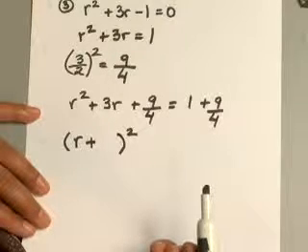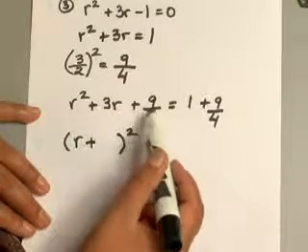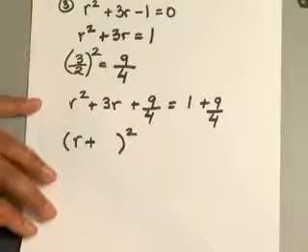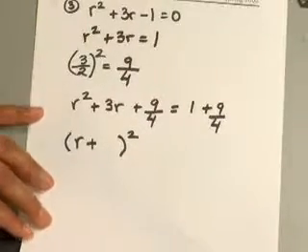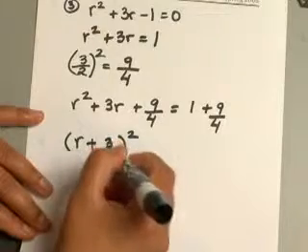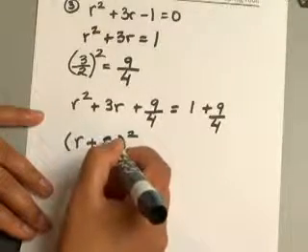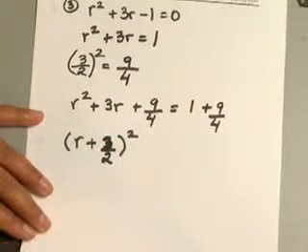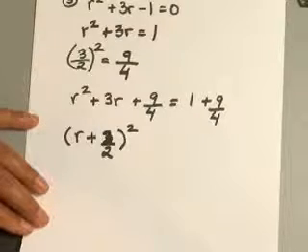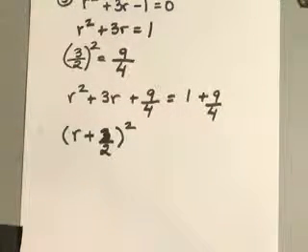Okay, so let's see what this will factor into. You'll end up with r plus, and this will give you, let me see, 9 over 4 will factor into 3 over 2.